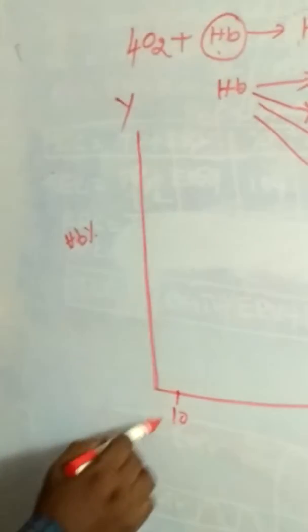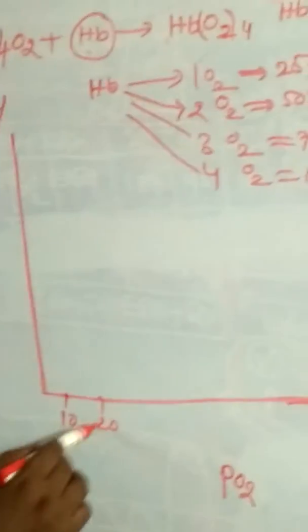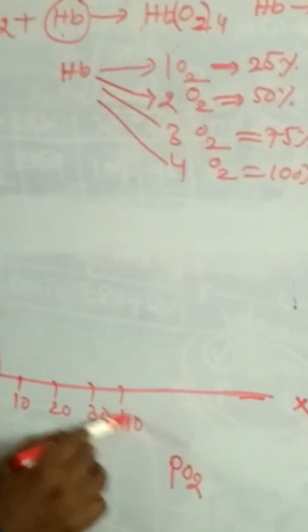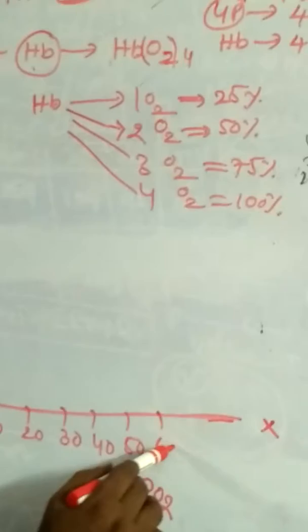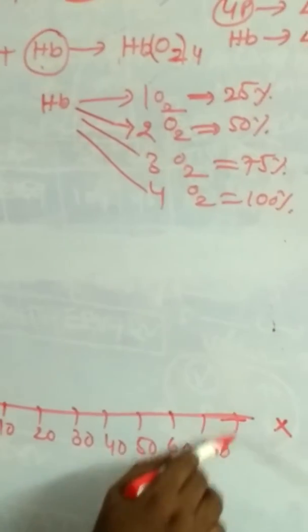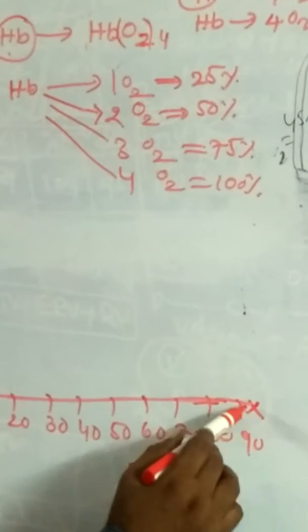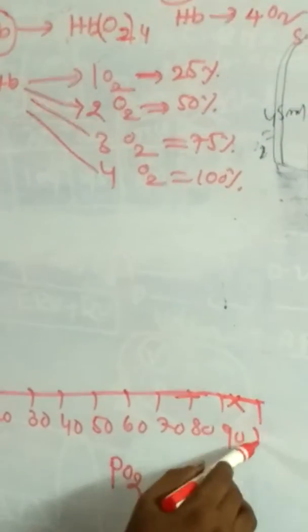On the x-axis: 10 mm Hg, 20 mm Hg, 30, 40, 50, 60, 70, 80, 90, 100.